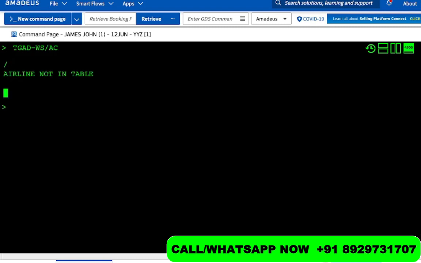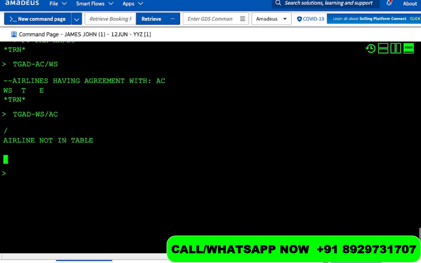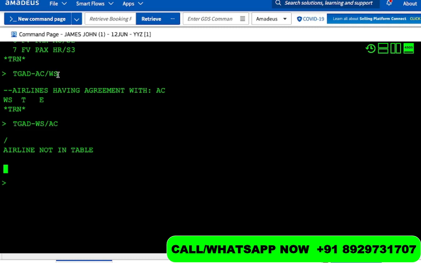You cannot issue WestJet and Air Canada together if the validating carrier is WestJet. However, you can issue Air Canada and WestJet together if you are issuing Air Canada's ticket, or the validating carrier is Air Canada. It seems to be a bit complicated, but then that's how it is.